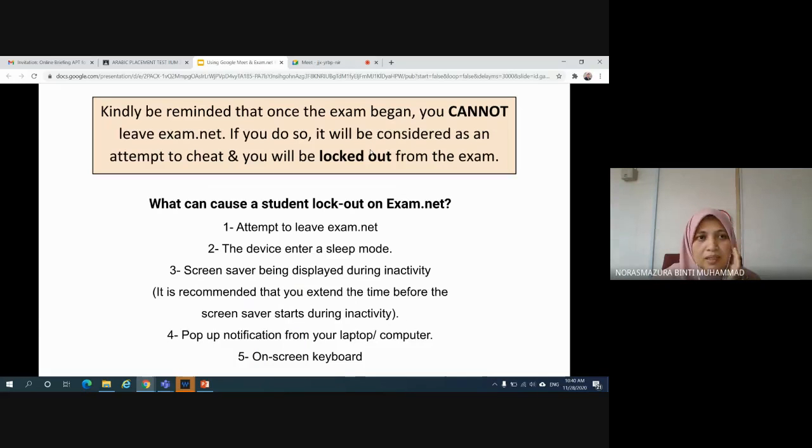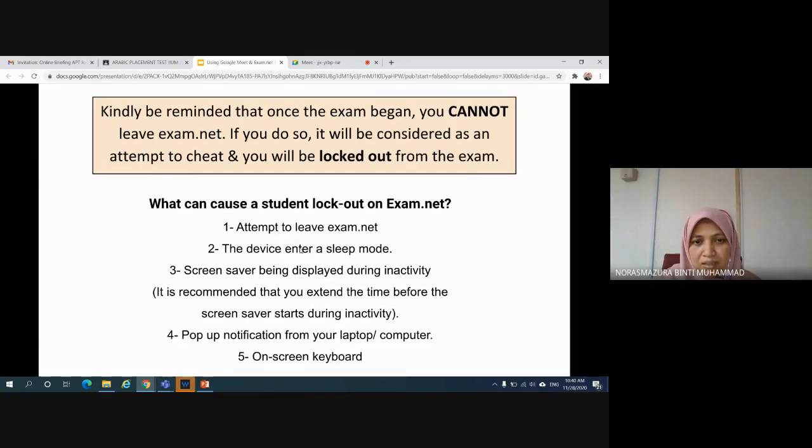Kindly be reminded that once the exam begins, you cannot leave exam.net. If you do so, it will be considered an attempt to cheat, or you will be locked out from the examination. What can cause a student to be locked out on exam.net? First, an attempt to leave exam.net.